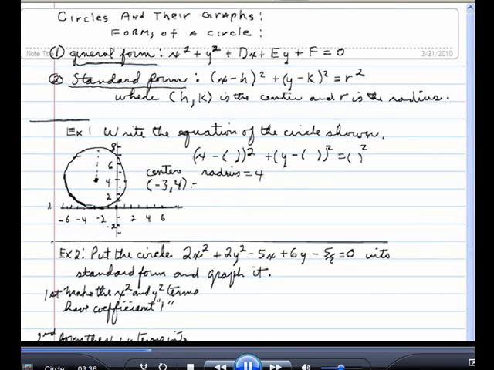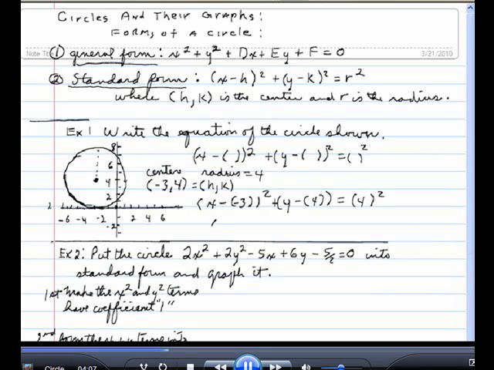Now remember, (negative 3, 4) is the same as (h, k), the center, which means h is negative 3, k is 4. So now I go back to my original form, x minus, and in the first empty hole I put h, which is negative 3, plus y minus, in the second empty hole I put k, which is 4, is equal to, in the third empty hole I put r, which is 4.